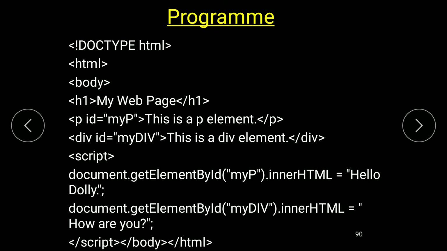So the next line is document, the object, dot getElementById, the method. In that myd is the id of the div, you can see here, right? And in that innerHTML I am going to write how are you. So instead of this is a div element, I am going to write how are you, right?